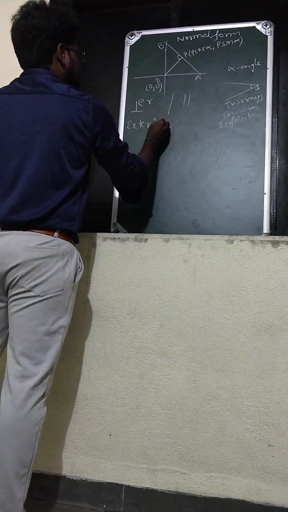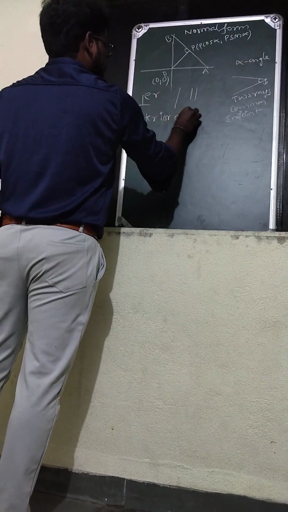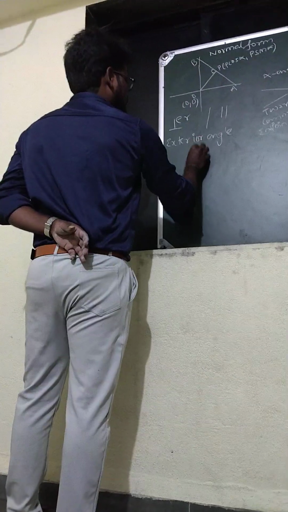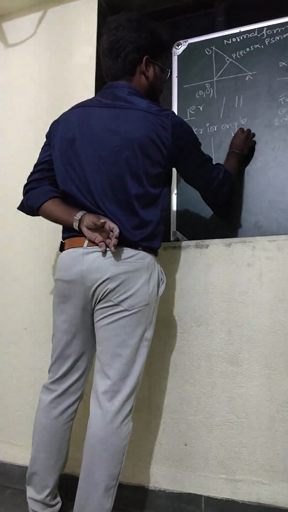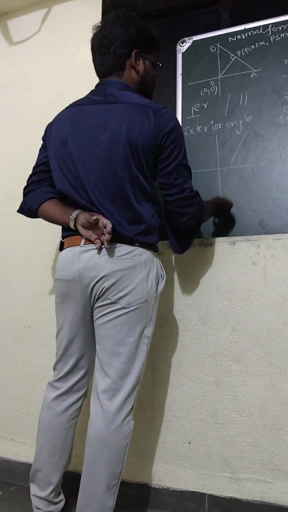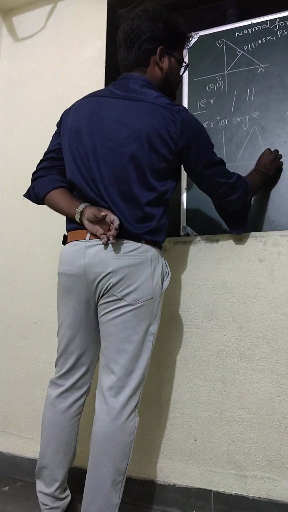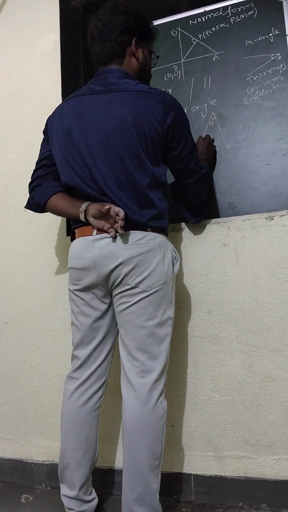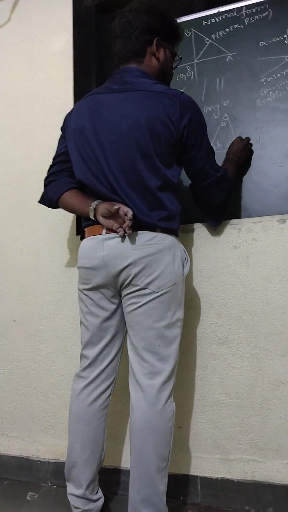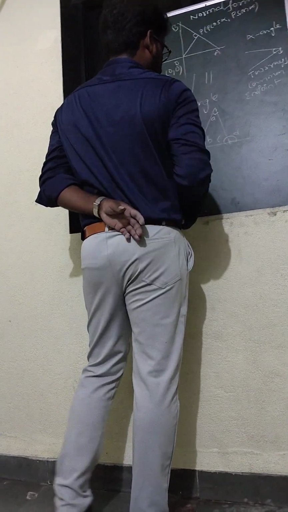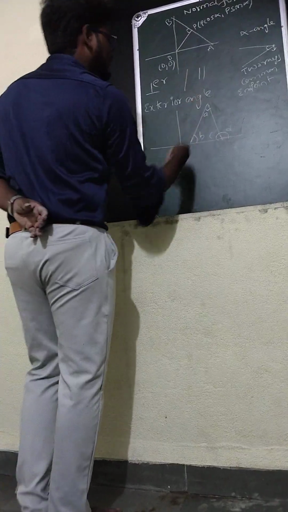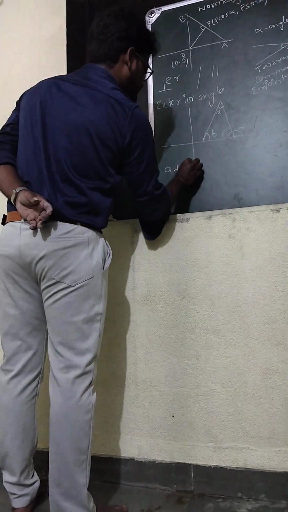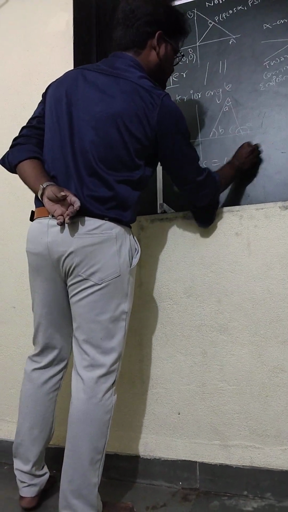And you know the exterior angle theorem. What is the exterior angle theorem? You observe this one. You draw a diagram, and this one is A. Suppose B, C, D. In a triangle, A plus B plus C equals 180.